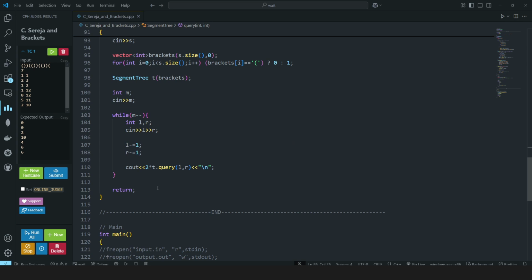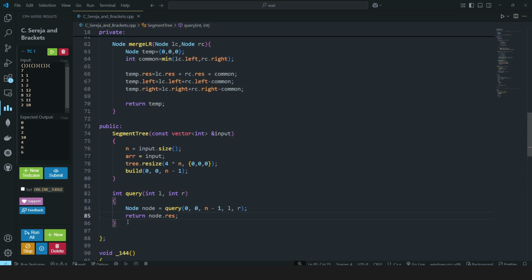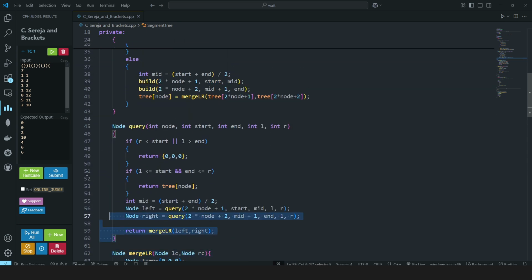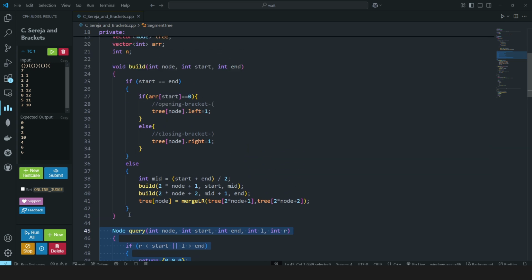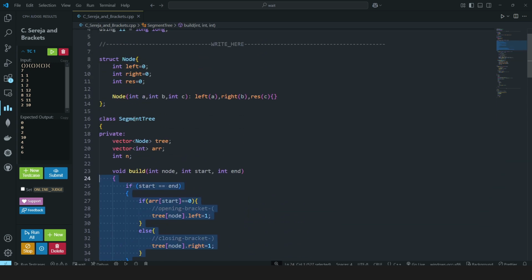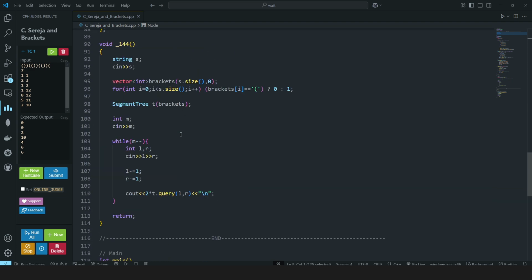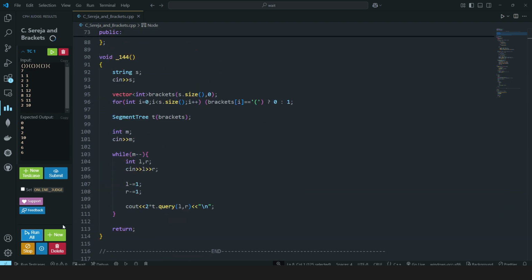Once I have written this, I think I have written the query function properly, along with this merge function and this build function, and I have also declared this structure here. So let us now run the code to see if this is correct or not.